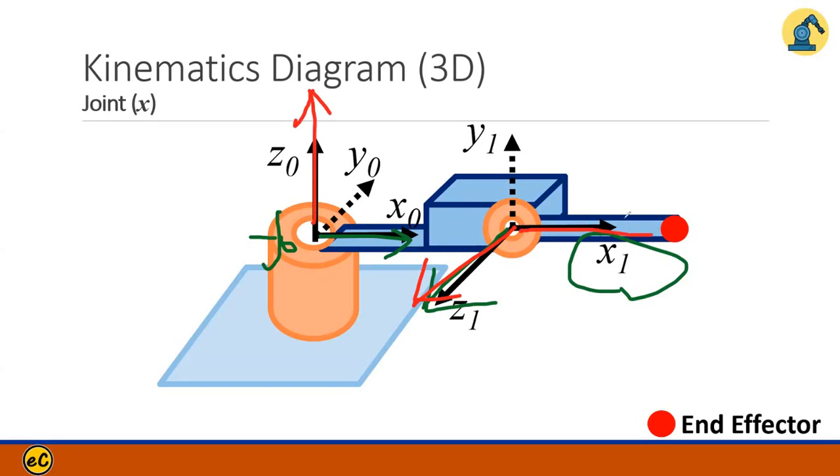So your x1 has to be in this direction. Is that okay? Any question? This is rule number two.